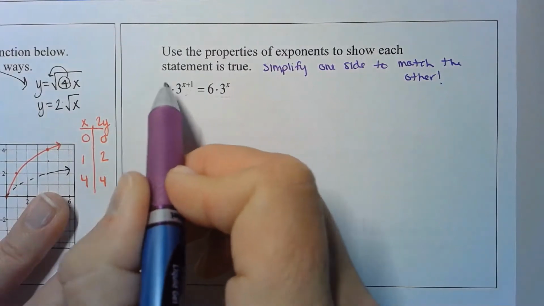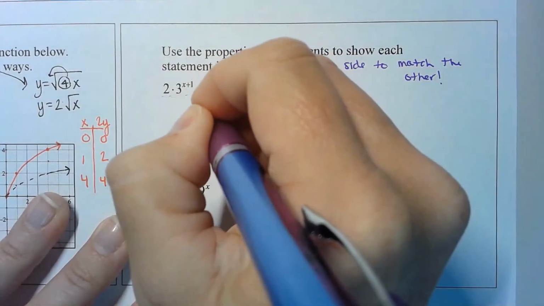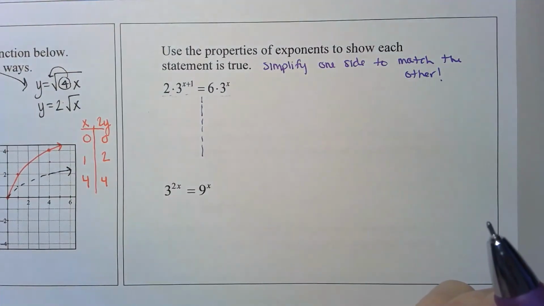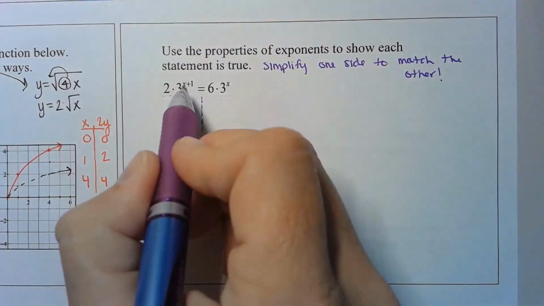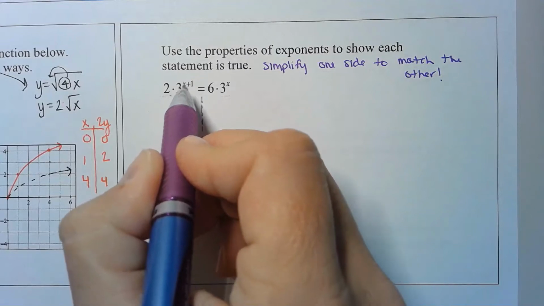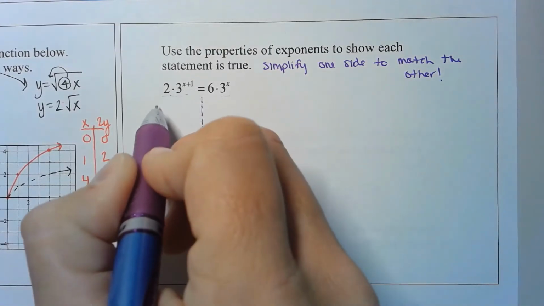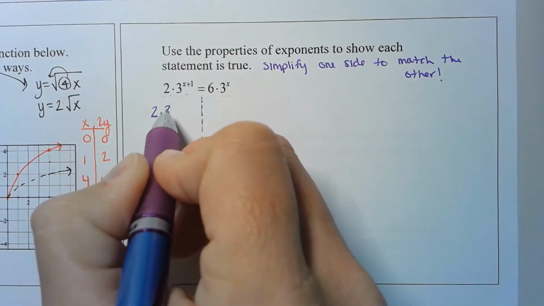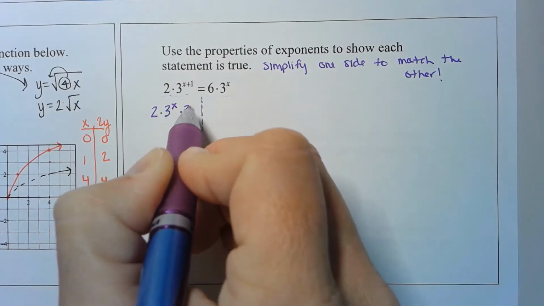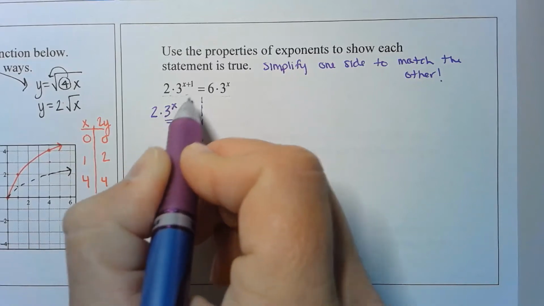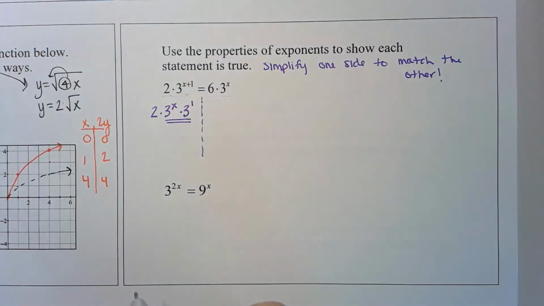Well, honestly, I think this side maybe looks a little messier. So maybe we start over there. When you have addition in your exponent, we could write that as 2 times 3 to the x times 3 to the first. If the bases match and we're multiplying, we add the exponents, we could reverse that.